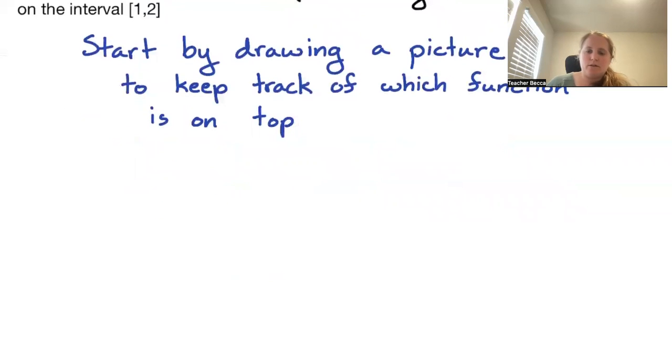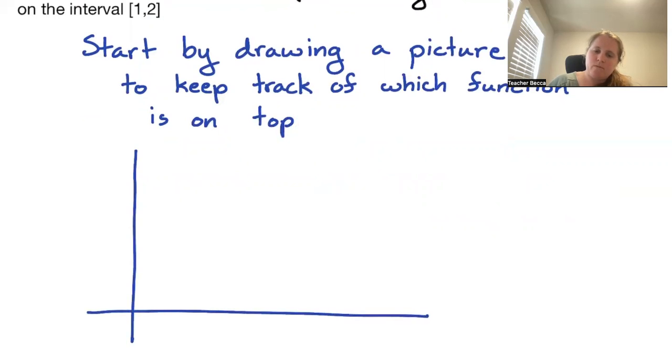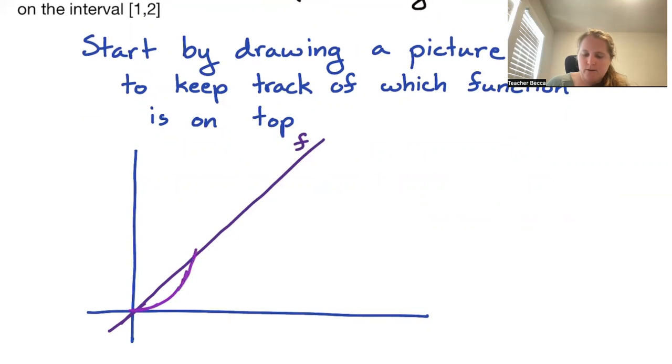So if we draw our graph, f of x equaling x, we're just looking at the line y equals x. g of x equaling x squared, we're going to look at the parabola. It starts below f, but at x equals 1, it's going to cross and wind up above.